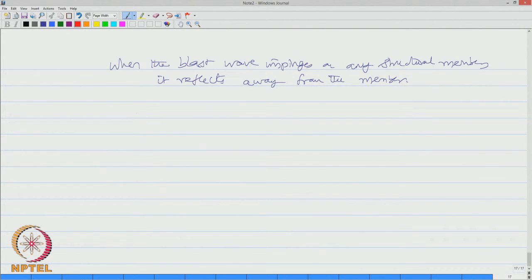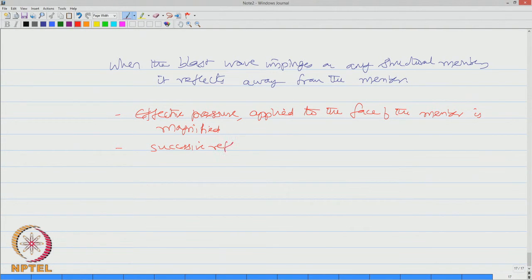Therefore, the effective pressure applied to the face of the member is magnified. Successive reflections cause more damages to the member.